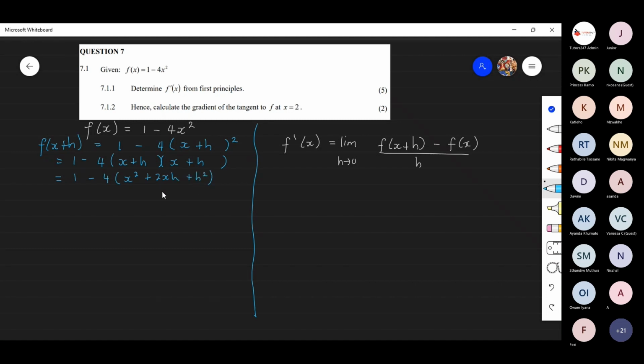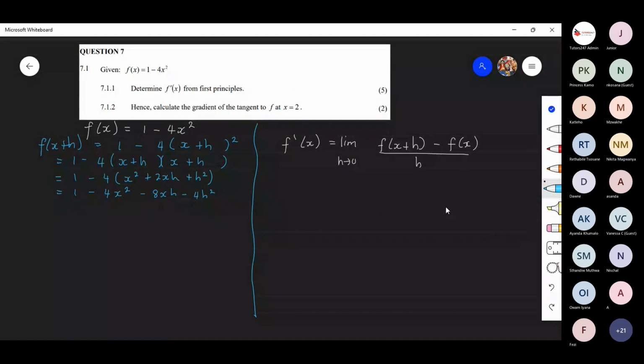From that point, we're going to multiply the negative 4 into the brackets. So that is then going to be 1 minus 4x squared minus 8xh minus 4h squared. Now there's no like terms, so we cannot simplify that any further.